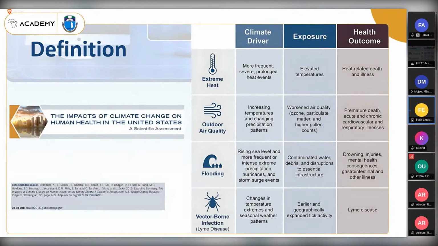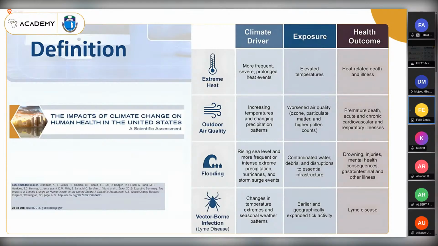The first one says elevated temperatures, and the health outcome is health-related death and illness. So if I'm doing a study right now, my interest would be in health-related death and illness and not necessarily elevated temperature, because you are looking at an outcome. Most studies will look at the outcome. Then you begin to look at what exposure led to that outcome.